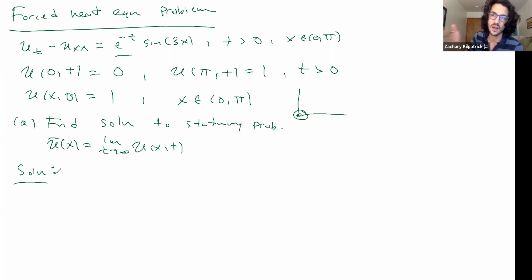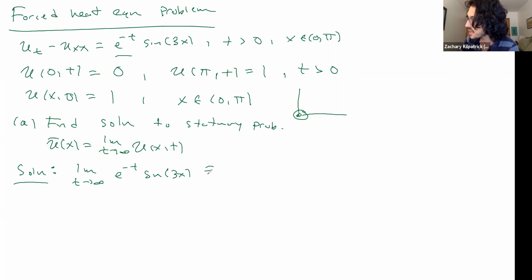So if you had an undergrad PDE course, maybe you did this before, okay? So the solution is going to be what? Well, in the limit as t goes to infinity, e to the minus t sine 3x is just going to be 0, right? So the PDE becomes what?